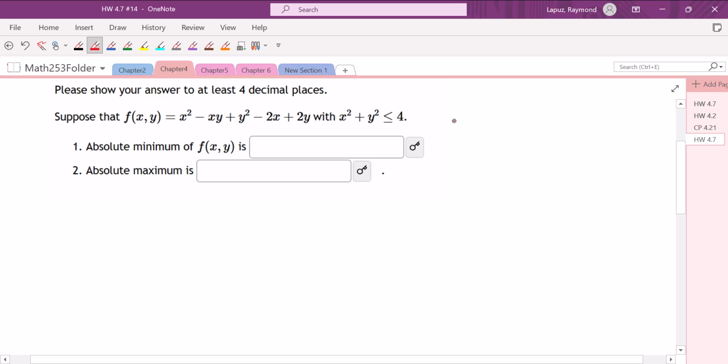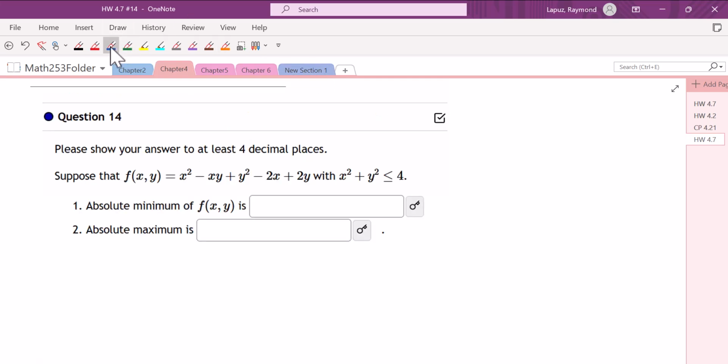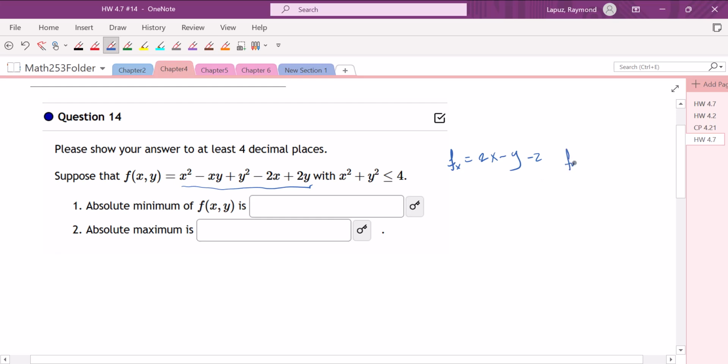First, we need to find f sub x, and that is the derivative of the function with respect to x. That's going to be 2x minus y plus 0 minus 2, and we're going to set that equal to 0. Also we're going to set f sub y equal to 0. f sub y is going to be negative x plus 2y plus 2.